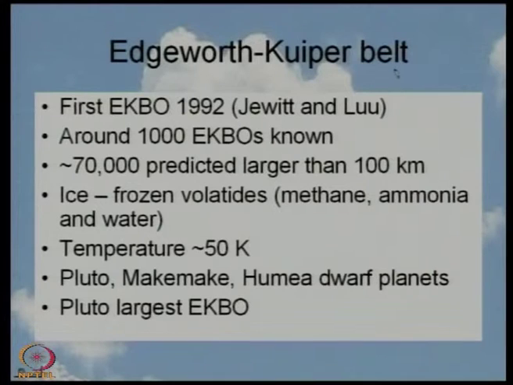The first objects that were part of the Kuiper belt, or the Edgeworth Kuiper belt, these are called EKBO, Edgeworth Kuiper belt objects, or sometimes KBO, Kuiper belt objects. The first such object was discovered in 1992, quite recently, by these two people, Jewitt and Luu.